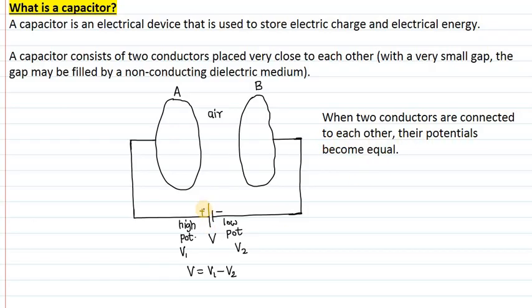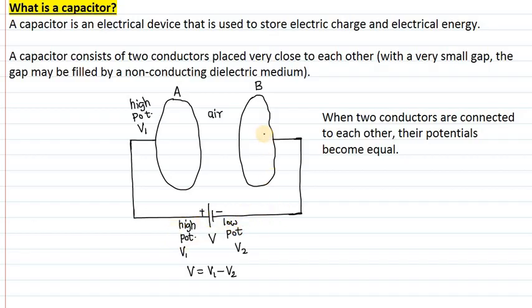So when the high potential terminal, the positive terminal of the battery, is connected with the conductor A, the conductor A will have the same potential as that of the positive terminal. So the conductor A will be at high potential. Its potential becomes V1, the potential of the positive terminal.